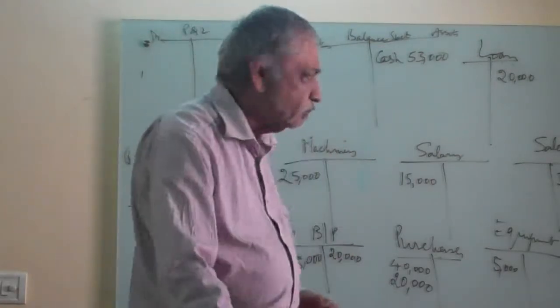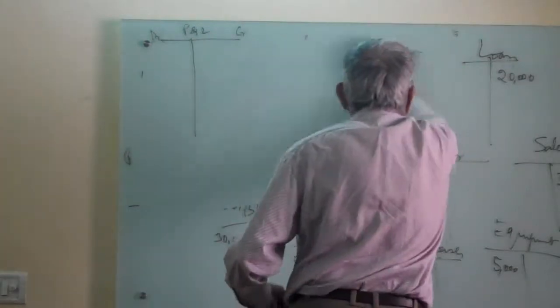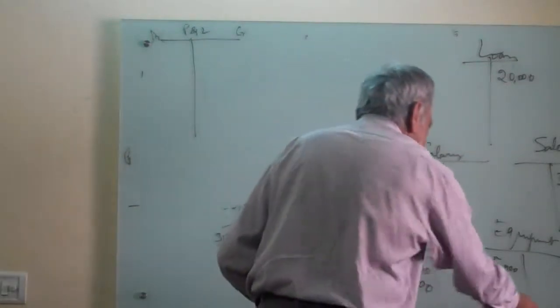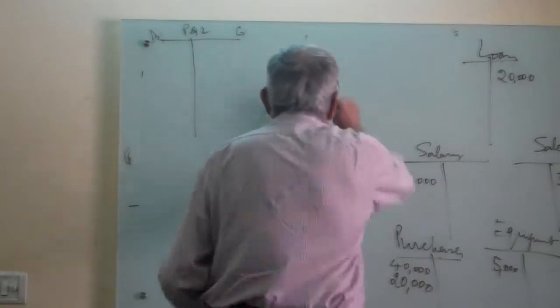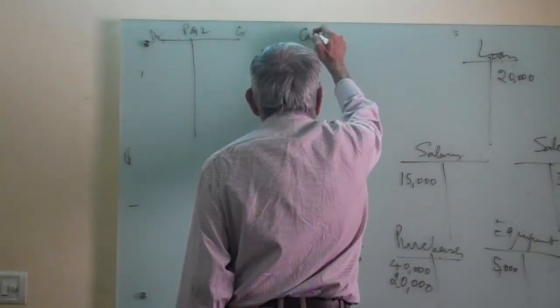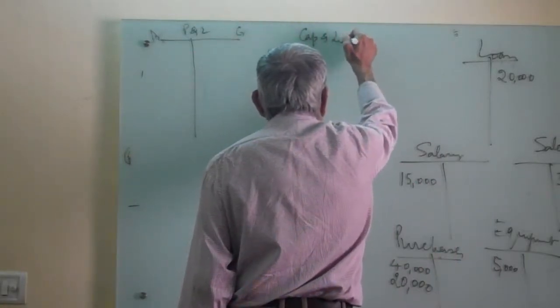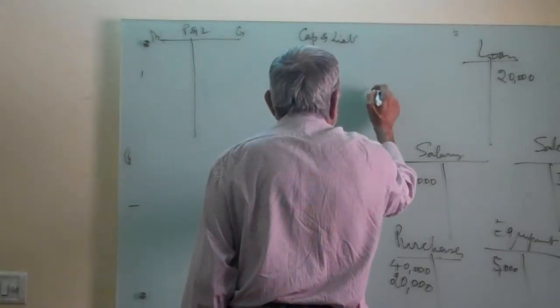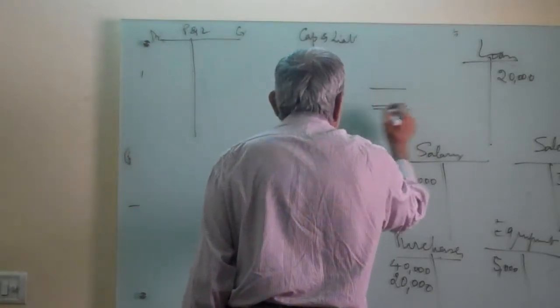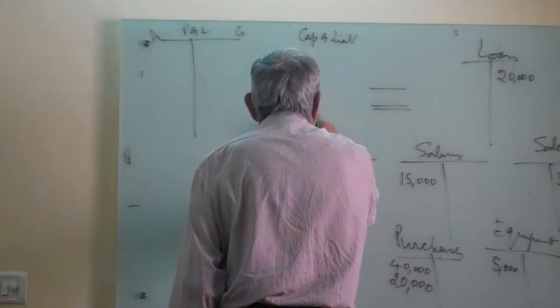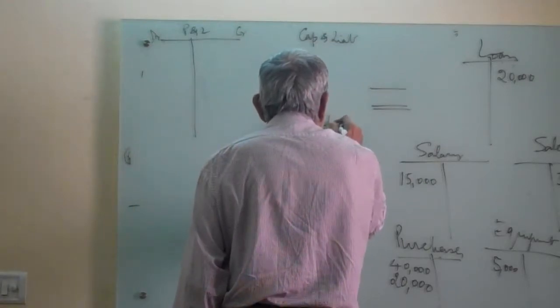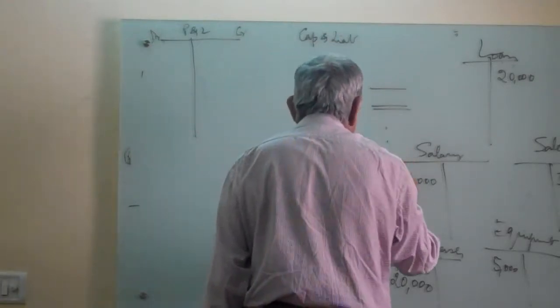So we will follow that rule. The current balance sheets start with capital and liabilities and the total, then assets, then 1, 2, 3, 4, 5.